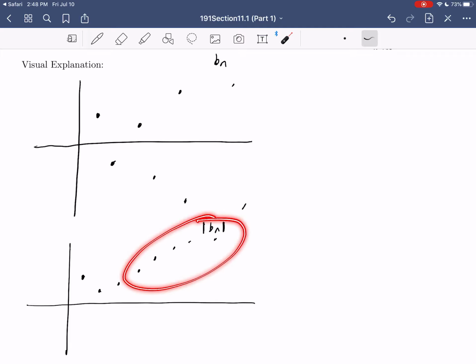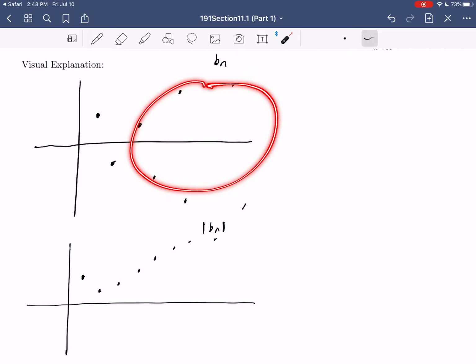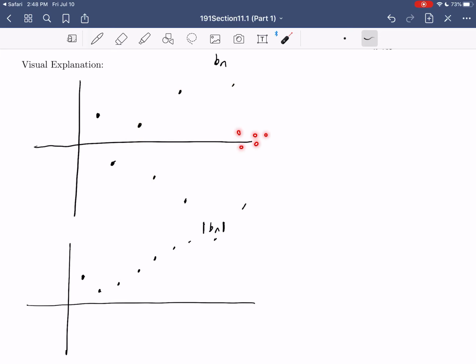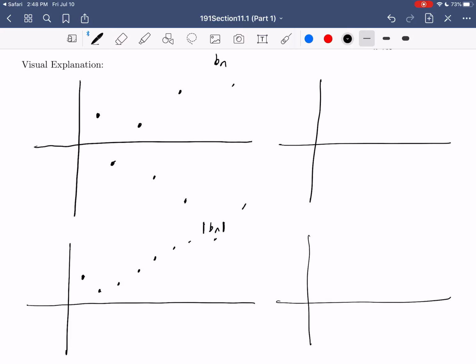Now, if this thing here approached 0, then even though the actual alternating piece would be oscillating, it would be oscillating around 0. So it would be getting closer and closer to 0. So what we can see here is, if we drew a second diagram, let's actually draw the b sub n in absolute value first.